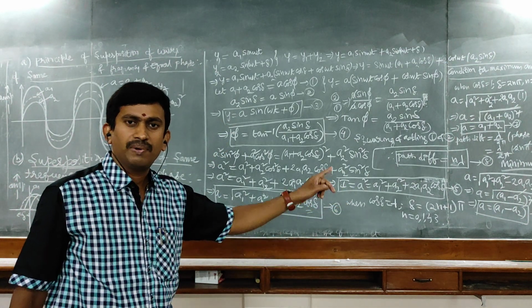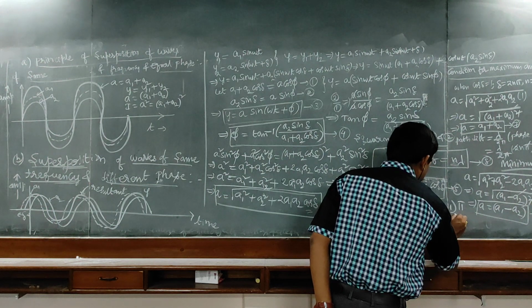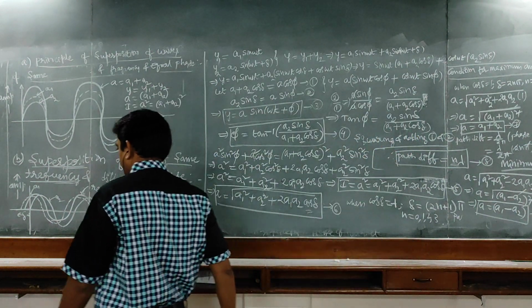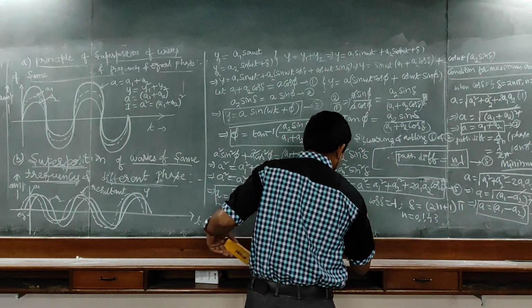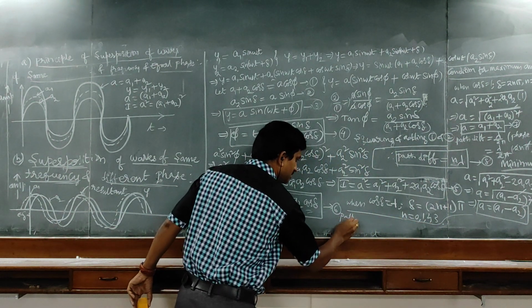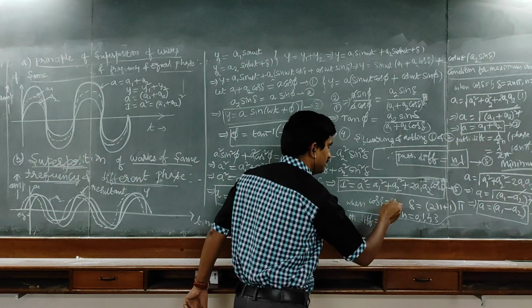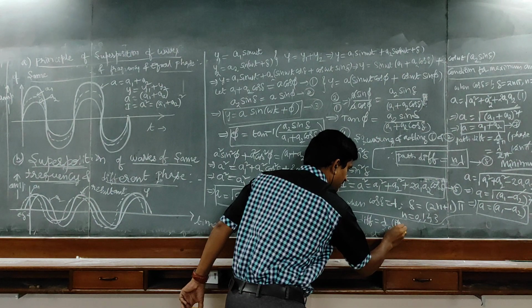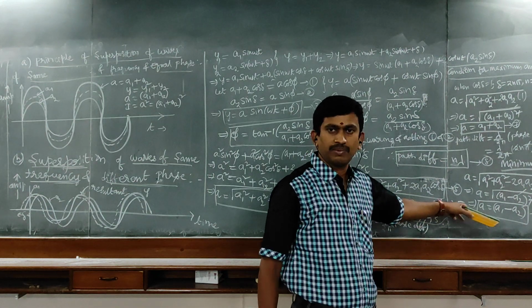Now coming to the path difference in the case of minimum amplitude. We know that path difference is equal to the same expression, that is lambda by 2 pi into phase difference. Here the phase difference value is (2n plus 1) into pi.